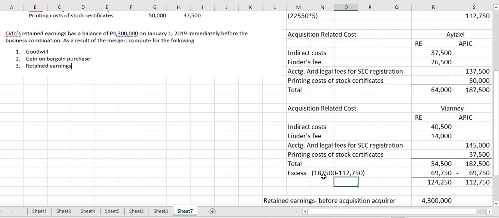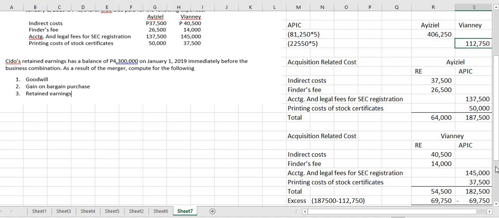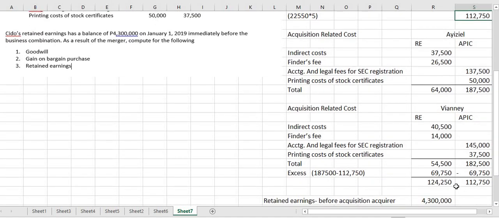You have 69,750 na dapat ma-absorb ni retained earnings. So, yung total ma-absorb ni retained earnings, that's 124,250. And then, yung additional paid-in capital, maximum lang kasi yung 112,750. So, yung excess, dapat i-absorb na siya ni retained earnings. So, ma-form siya as expense or deduction in retained earnings. Okay?